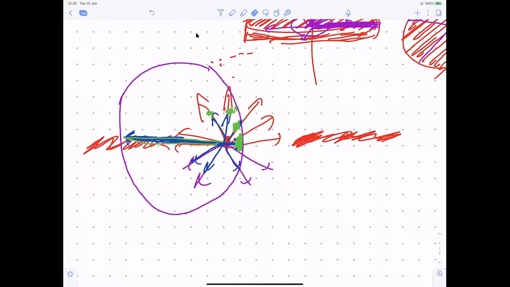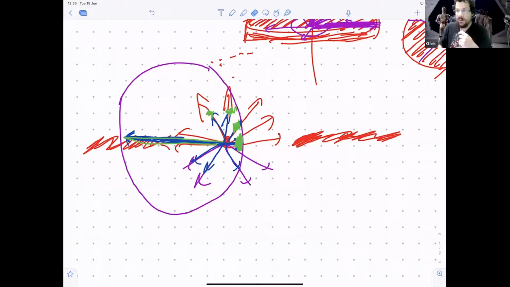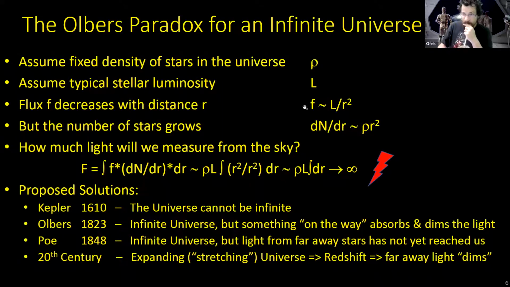Okay, so let's see where that does break. Let's switch back. And to understand where that breaks, we'll present another early 19th century result or paradox that made scientists feel uncomfortable with the results.